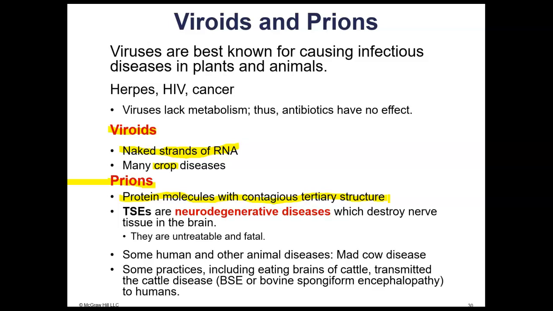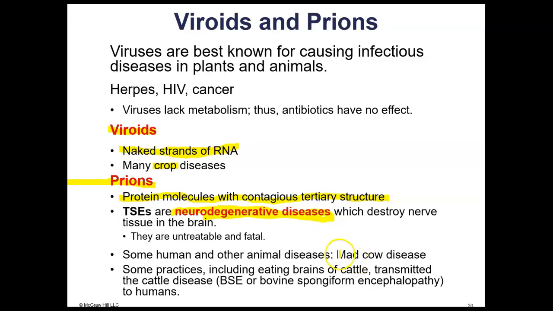So prions have a mutated tertiary structure that is contagious, and they cause TSEs, which are neurodegenerative diseases. And what they do is they destroy nerve tissue in the brain. Degenerative means they just get worse and worse over time until they are fatal. They are untreatable and fatal.